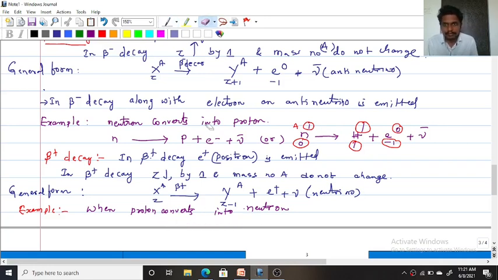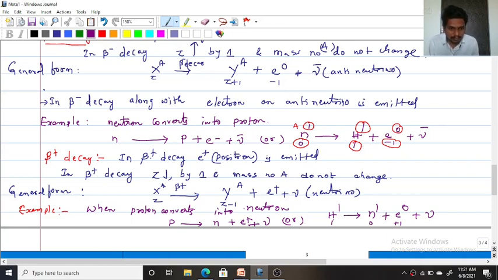When a proton converts into a neutron, a positive charge is ejected out, a positron is ejected out along with the neutrino. It can also be written as proton, nothing but 1H1, gives neutron, 0n1, plus positron, e plus with mass number 0. The mass of the electron is almost negligible, so I am taking it as negligible. The positron has negligible mass, and a neutrino is emitted along with it.